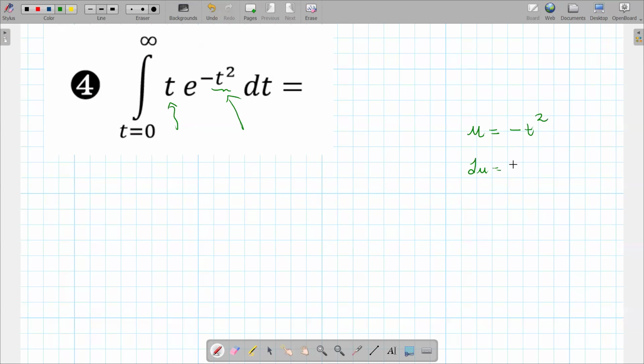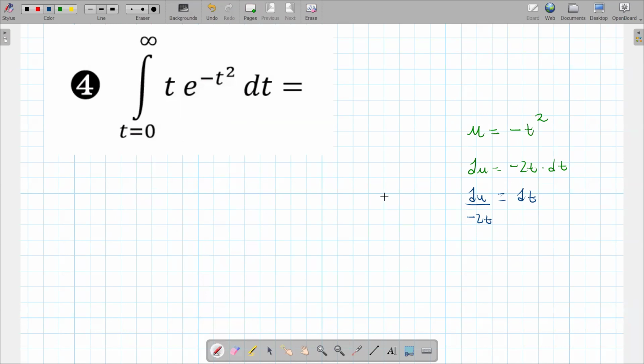It's negative 2t times what? Remember the variable, you have to specify what variable you're talking about. So on the left we have u, on the right we have dt. So that means dt is going to be du over negative 2t.